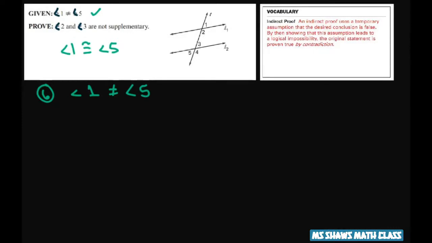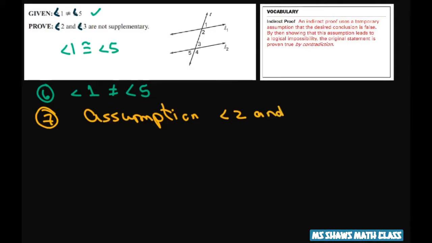And so, therefore, our assumption, I'm just listing these, you can write this in paragraph form, our assumption that angle 2 and angle 3 are supplements is false.